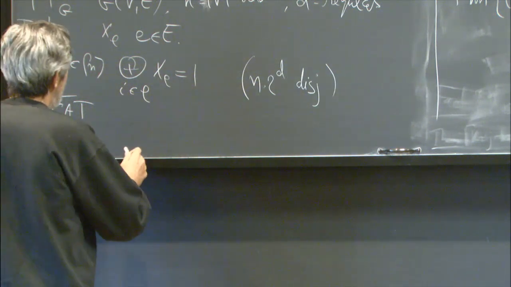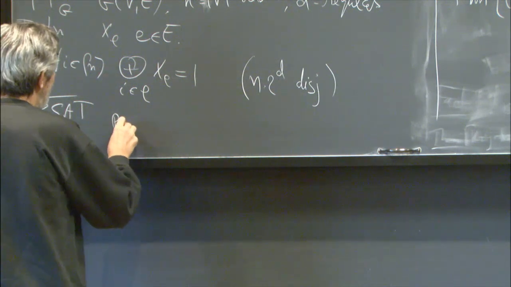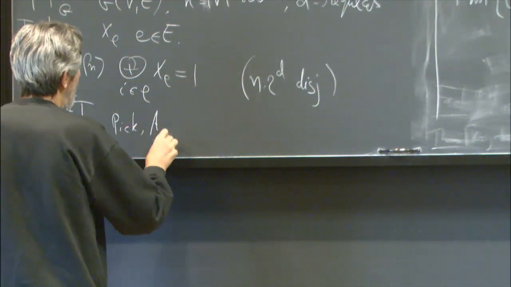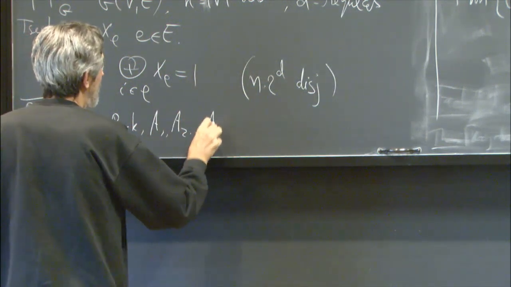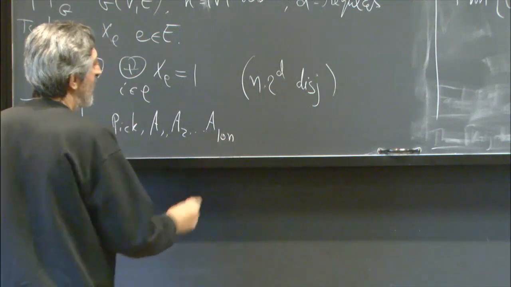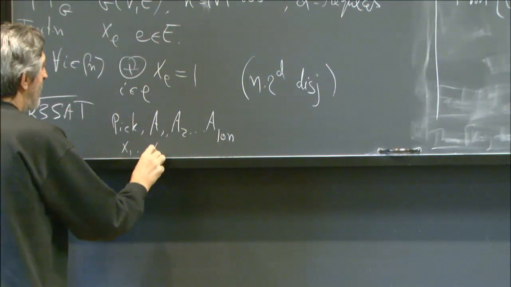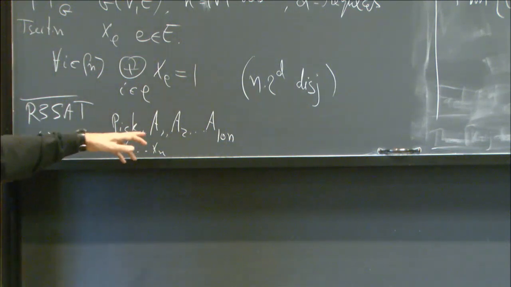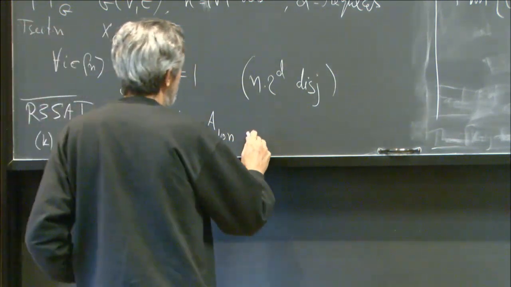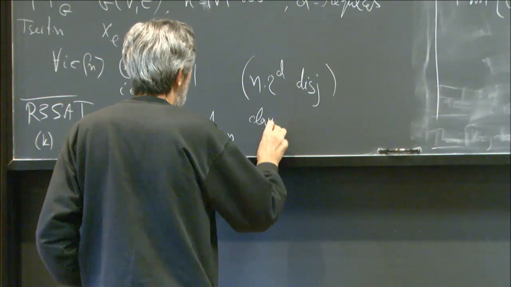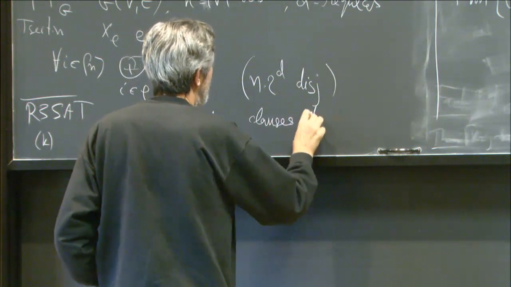So pick A1, A2, let's say 10n. We are on n variables, so we have x1 up to xn as our variables. Pick 10n clauses at random.